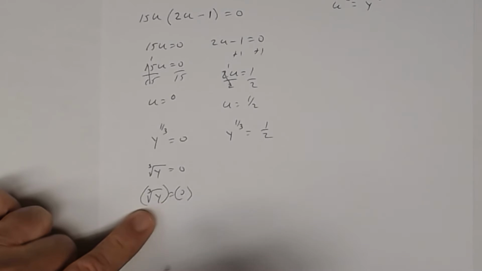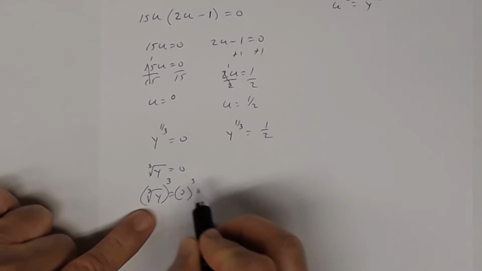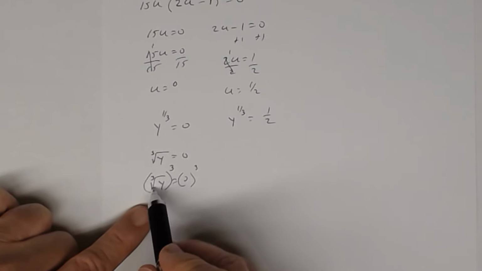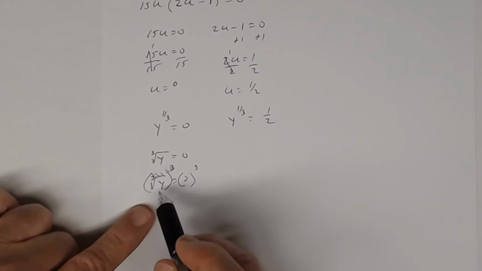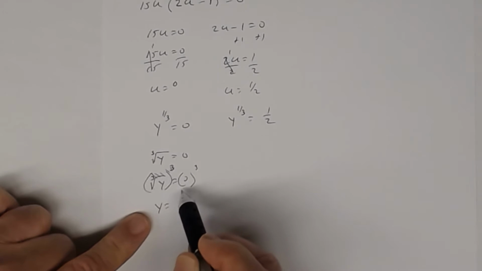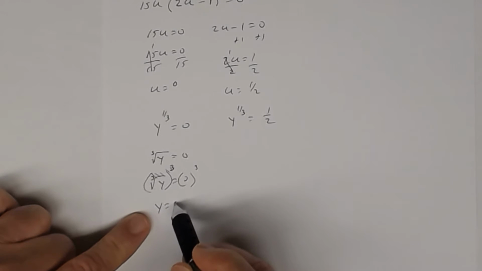So if my index is 3, I'm going to raise both sides to the third power. And so the cube root of y cubed, the cube root and the exponent 3 undo each other. So you get y equals, and then 0 to the third is 0.